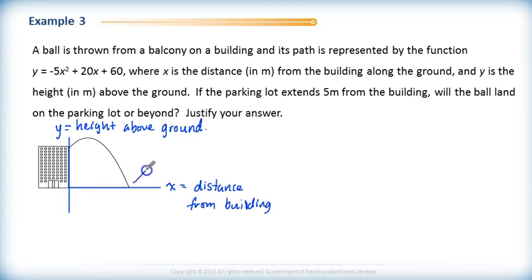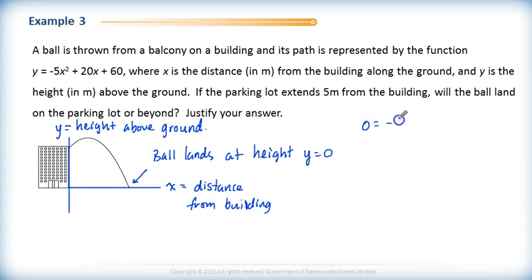Now, one of the keys here is to recognize that the ball lands at its height y equals 0. So really all we need to do is put 0 into this function and determine our possible values of x. So let's go ahead and do that.